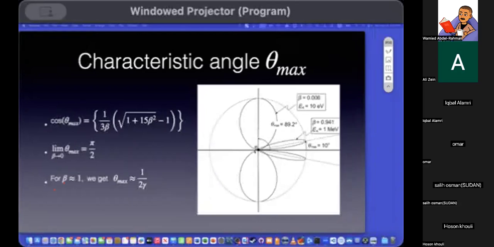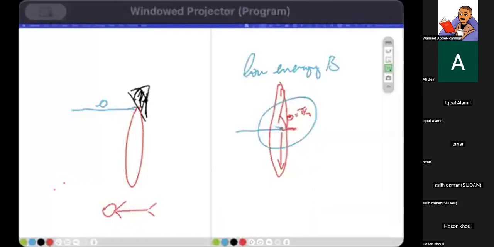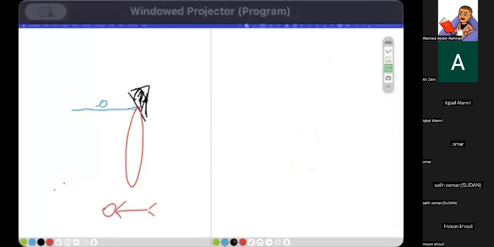For a beam, the plot is a superposition of all of these intensities, and we get a different shape. But that's the point: as the energy increases, the maximum intensity is going to be more in the forward direction.